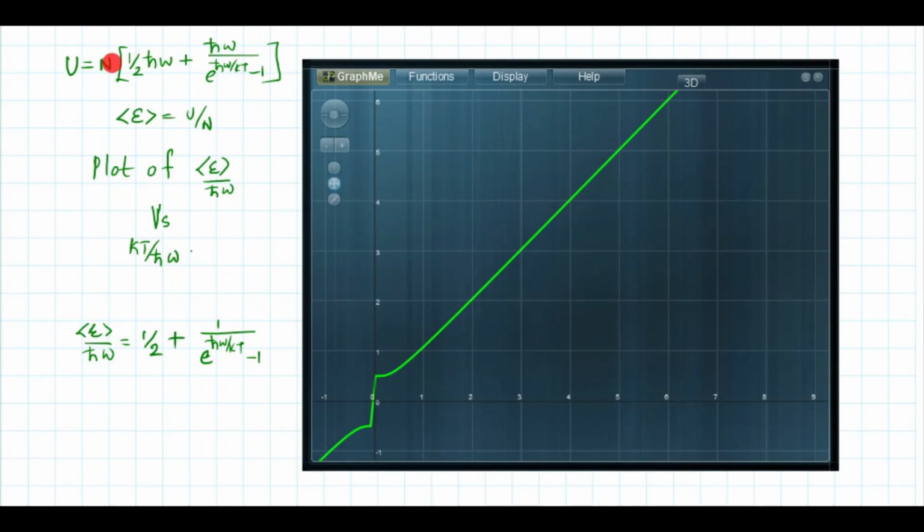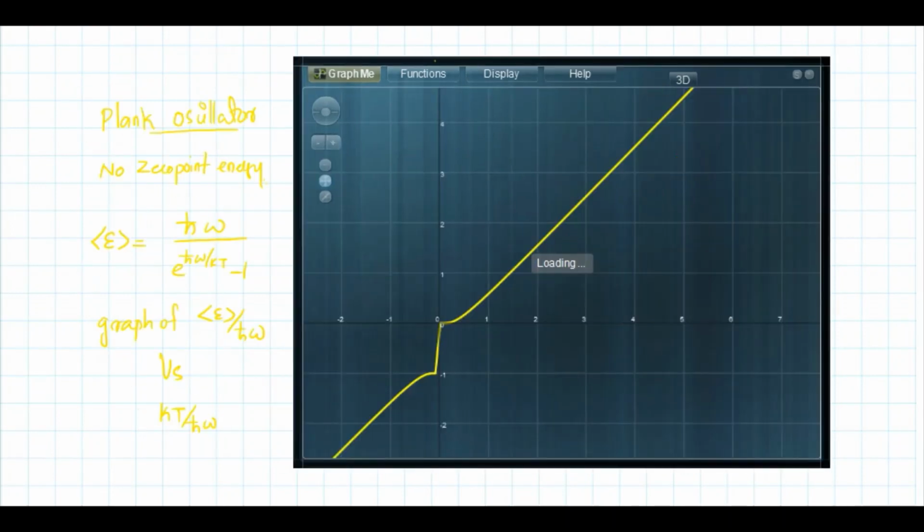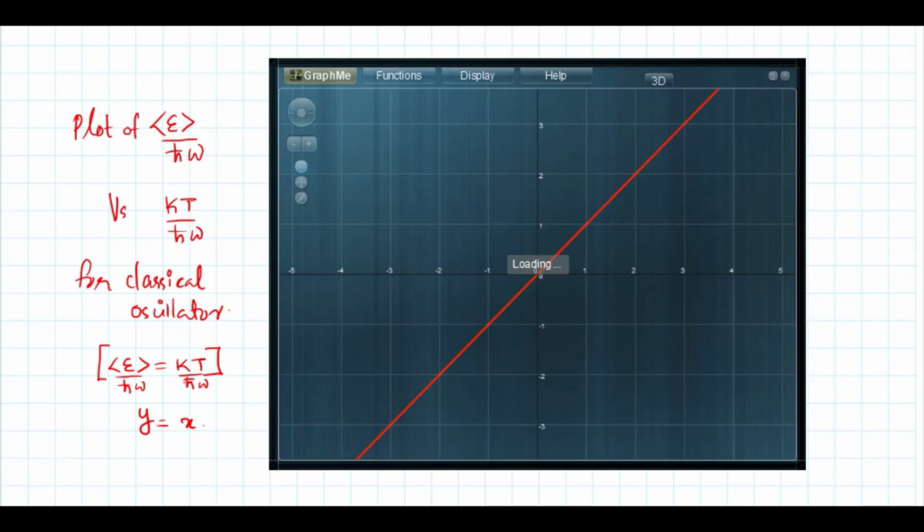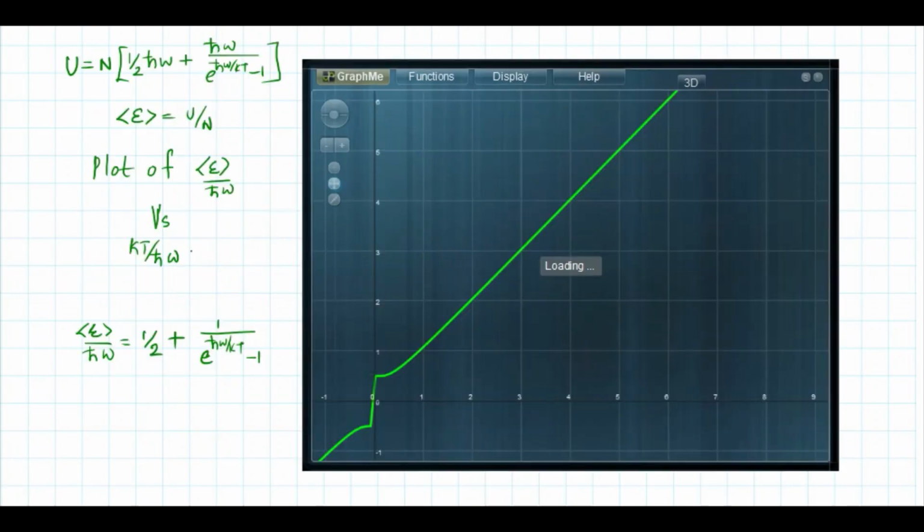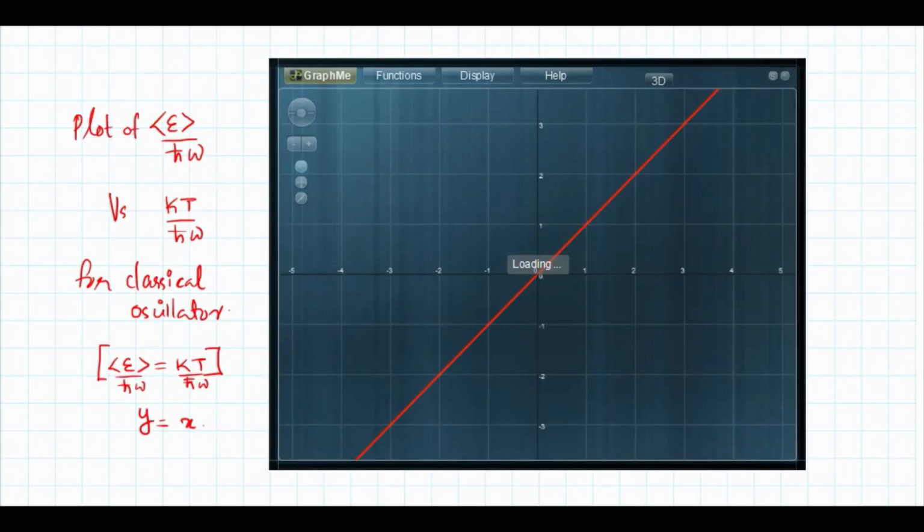So energy per oscillator is simply h cut omega divided by e raised to h cut omega by kT minus 1. So if you plot again energy per particle divided by h cut omega versus kT by h cut omega, that will be something like this. It will start from 0. At temperature 0, the energy is 0, then it monotonically increases. For a Schrodinger oscillator, at temperature T equal to 0, it is half, and then monotonically increases.